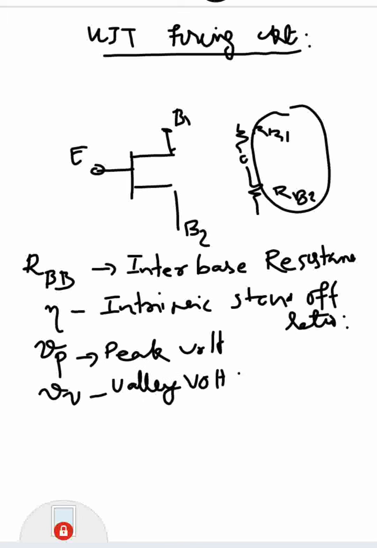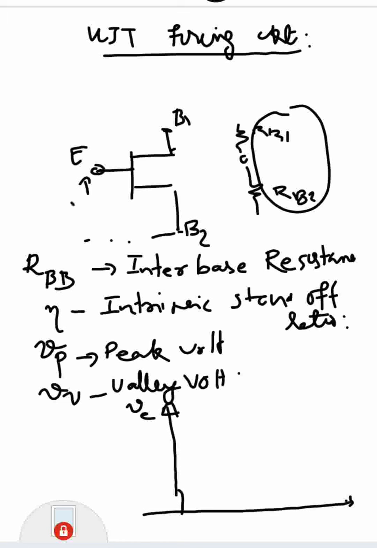I think you know the characteristics of this UJT. If we draw the characteristics between the emitter voltage with respect to base and the emitter current, they look like this.